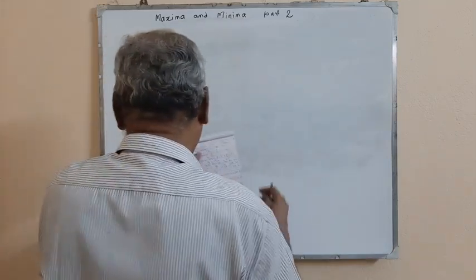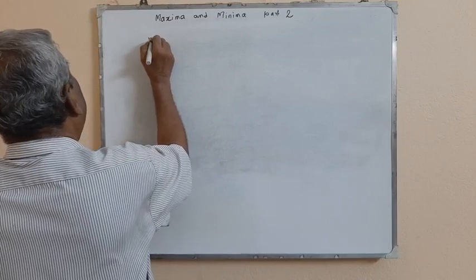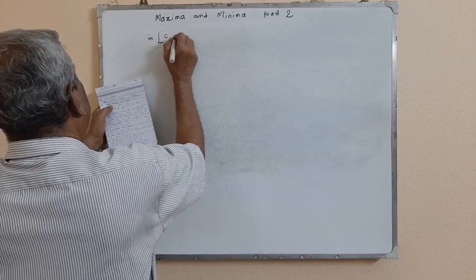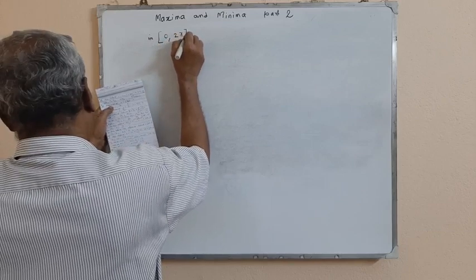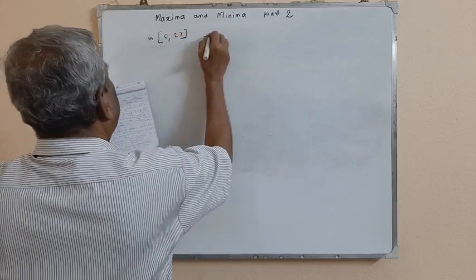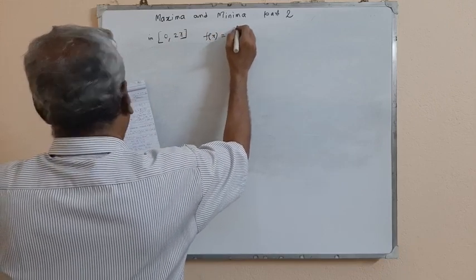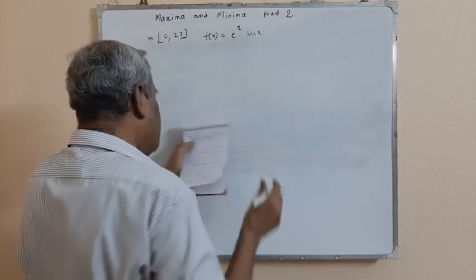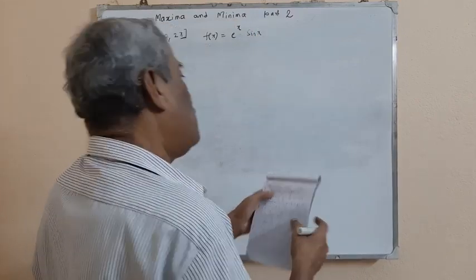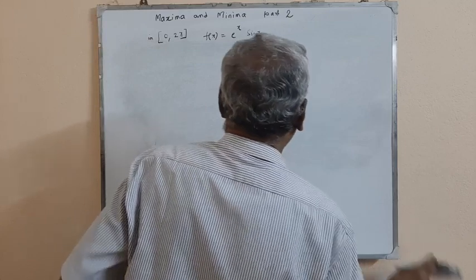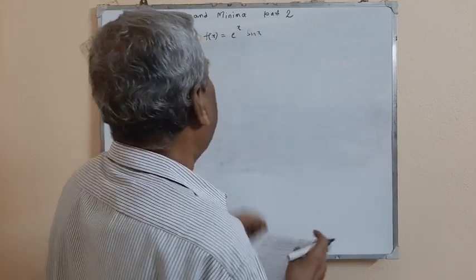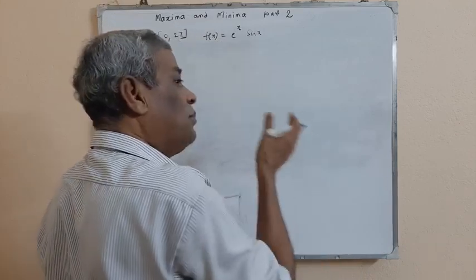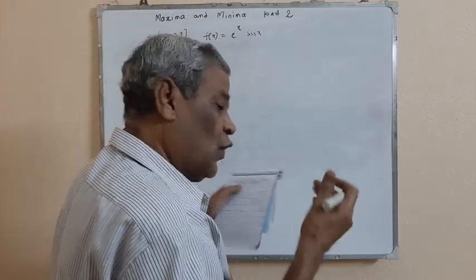Next problem: the point in 0 to 2 pi where f x is equal to e to the power x sin x has maximum slope. So we have to find the point where this function has maximum slope. This is the function, but this is not the slope.